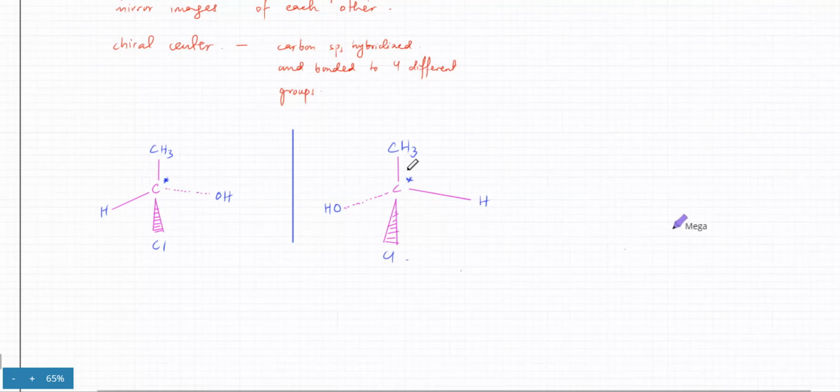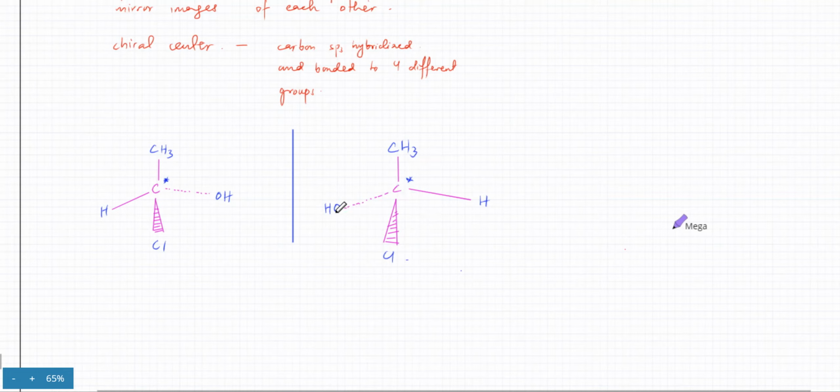Now what happens is, just like your hand, no matter which way you rotate this molecule, it is never going to look exactly like this. One of the bonds is going to be pointing in a different direction. For example, this Cl is coming out of the page towards you. It's like the part of the pyramid that's pointing towards you.